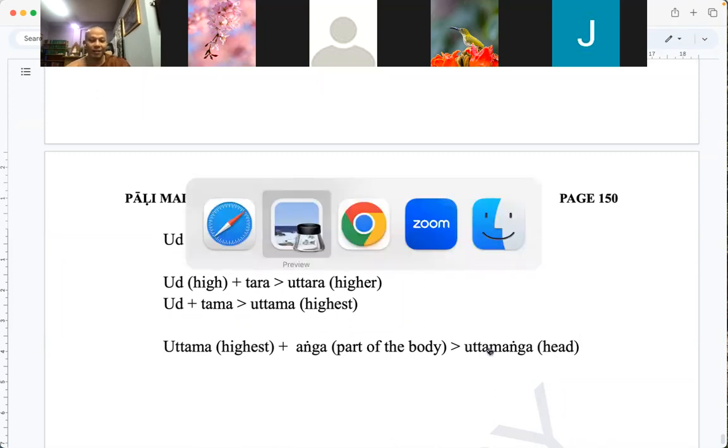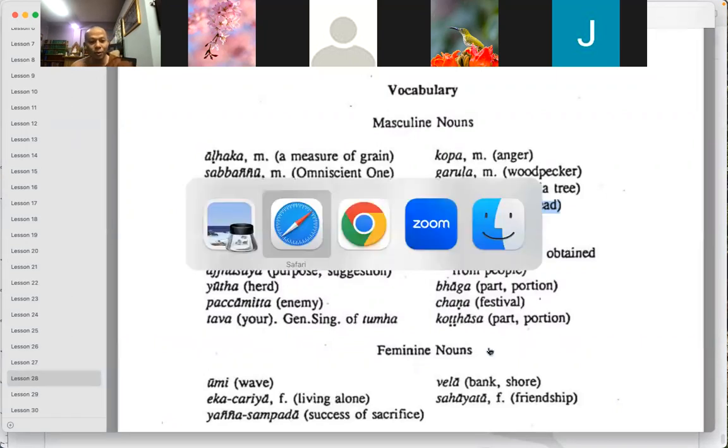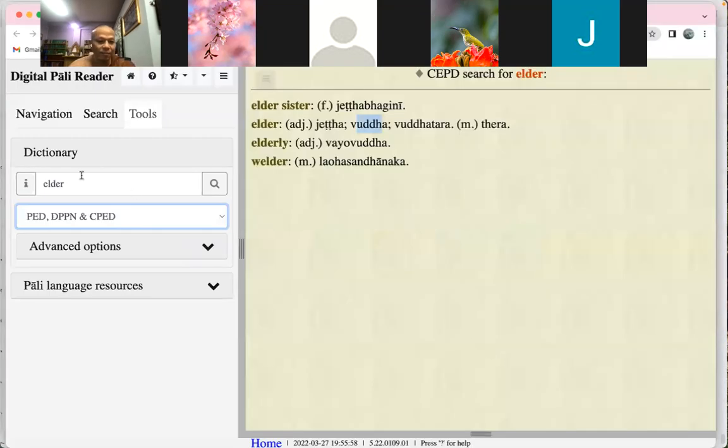Excuse me, Bante, what is the low? It is the opposite of ut, Bante. Adore. Adore, yeah. But for that one, maybe we don't use it. I'm not sure. Okay, let's check. Adoranga.